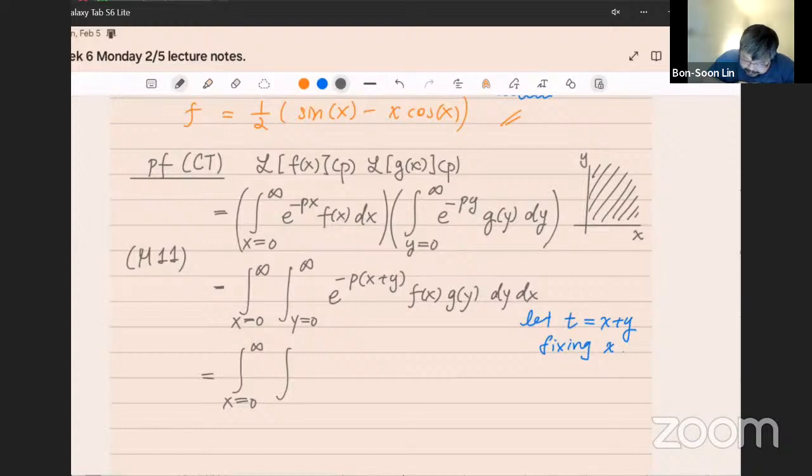If I fix x, when y is 0, t is just x. And when y is infinity, t is infinity. x plus y is also known as t now. And x is fixed, so this is f of x. And y is simply t minus x. And dt here, let's calculate that. dt is just dy, since x is fixed.